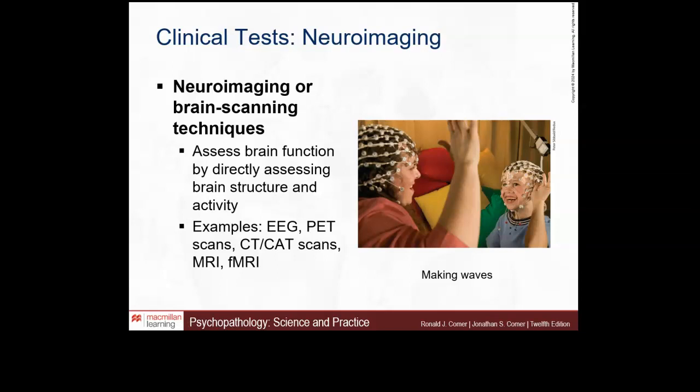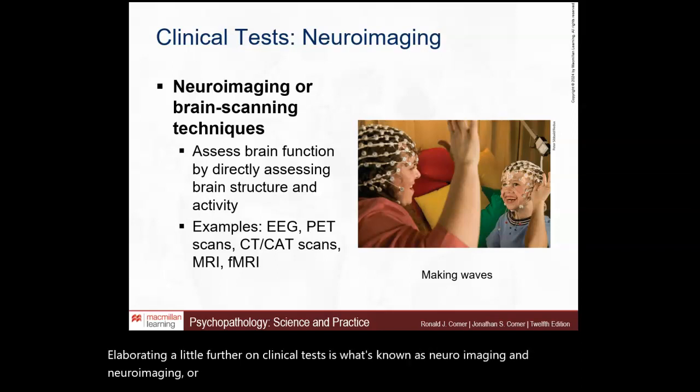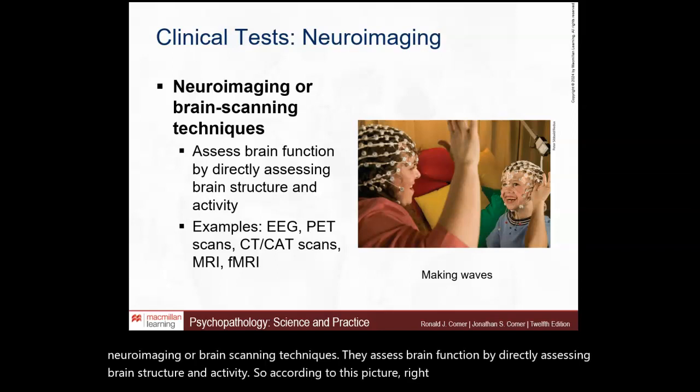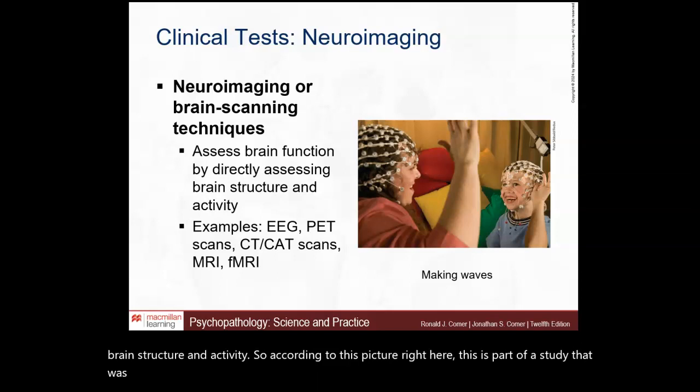Elaborating a little further on clinical tests is what's known as neuroimaging. In neuroimaging or brain scanning techniques, they assess brain function by directly assessing brain structure and activity. According to this picture right here, this is part of a study that was conducted with a mother and her 5-year-old child who has autism.